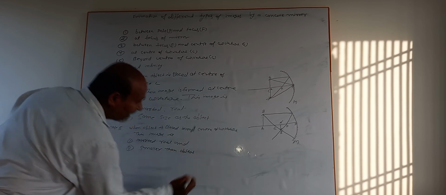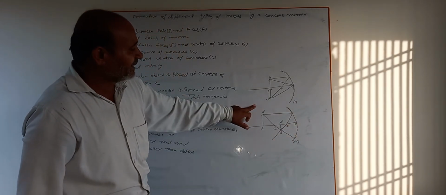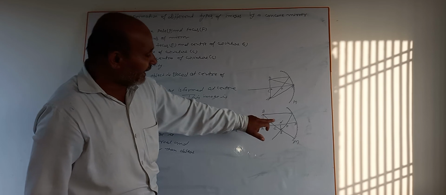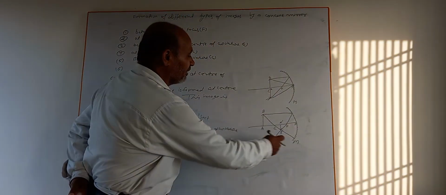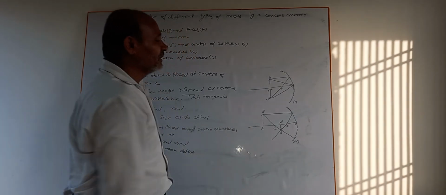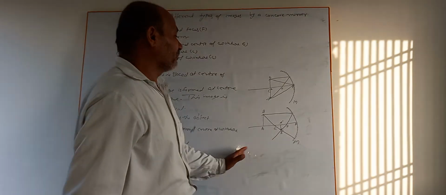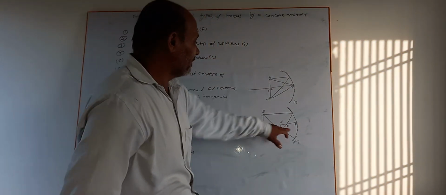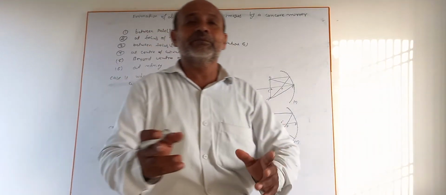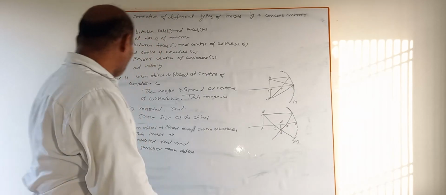In this ray diagram we are observing that AB is an object and A dash B dash is the image which is smaller than the object AB. This image is inverted, real, and smaller than the object.